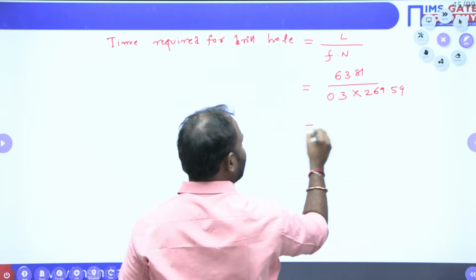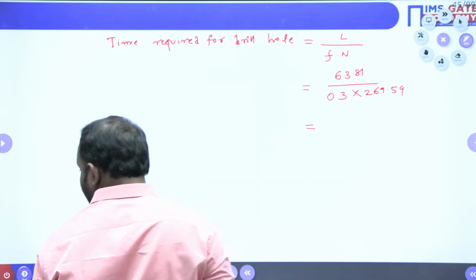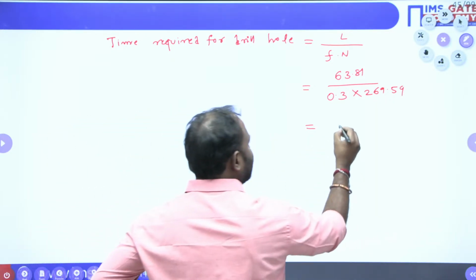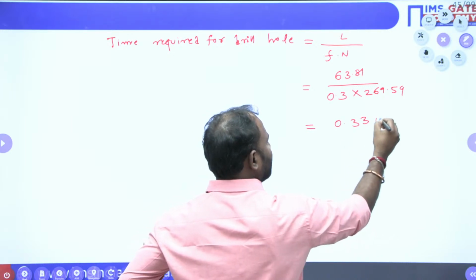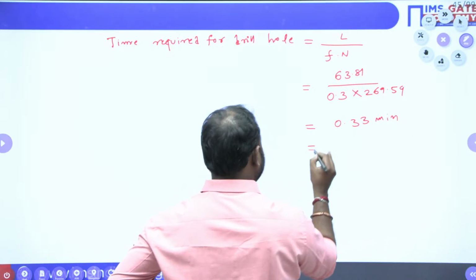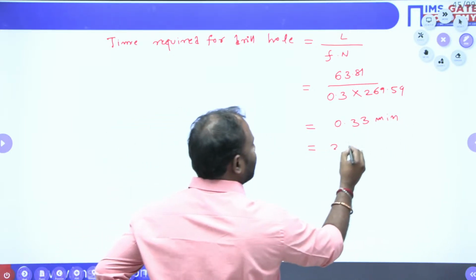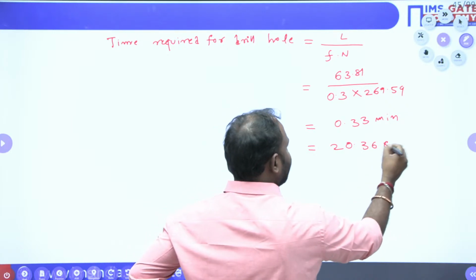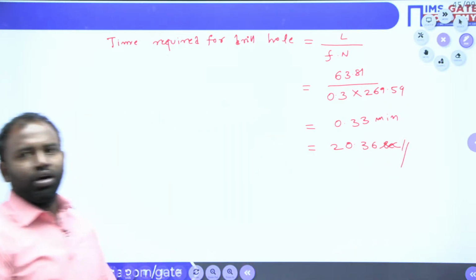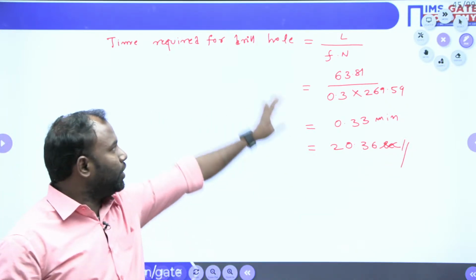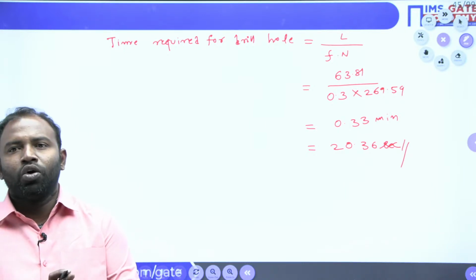From here you are going to get 0.33 minutes, which in seconds is 20.36 seconds for drilling this hole. Clear, everybody? Hope you understand.